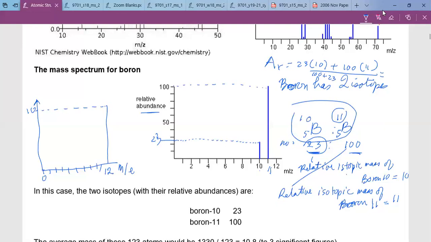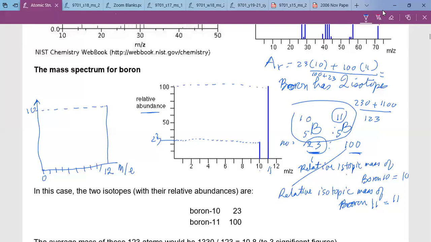Let's work it out. 23 times 10 is 230, plus 100 times 11 is 1100, over 123.